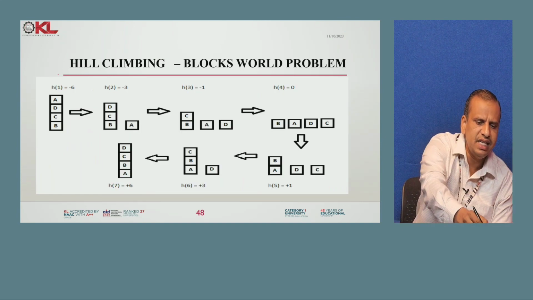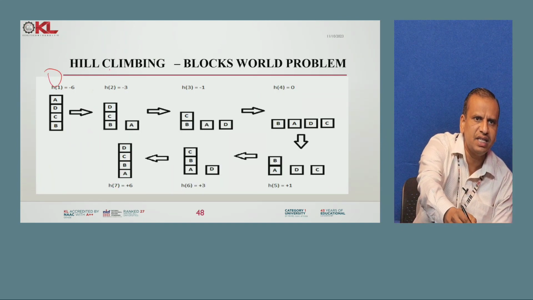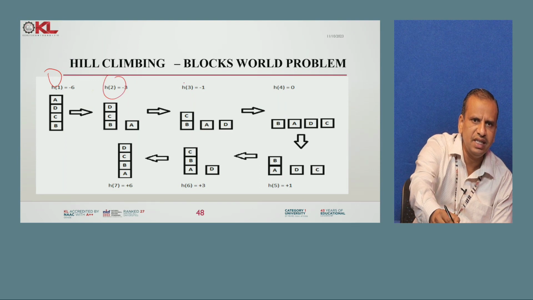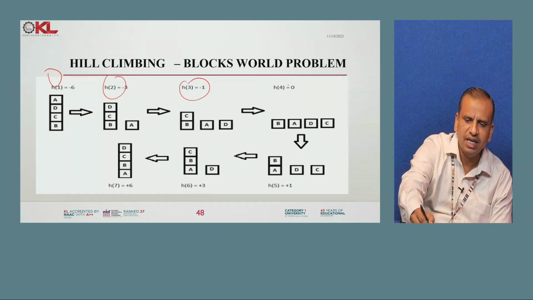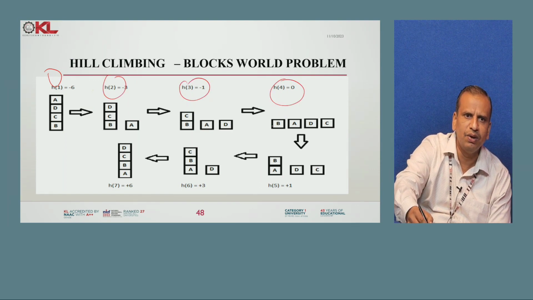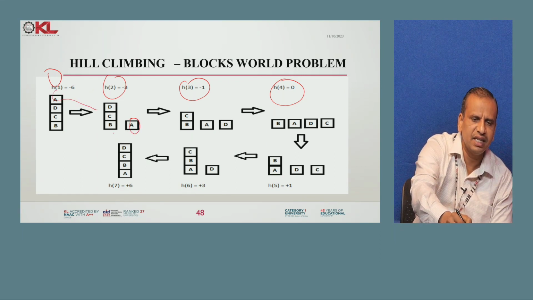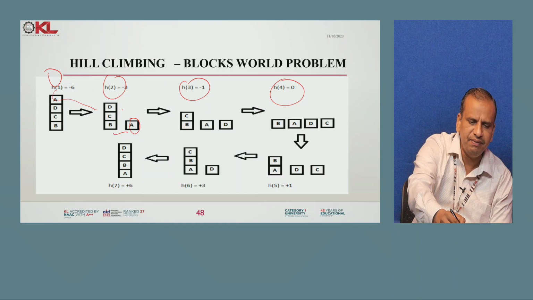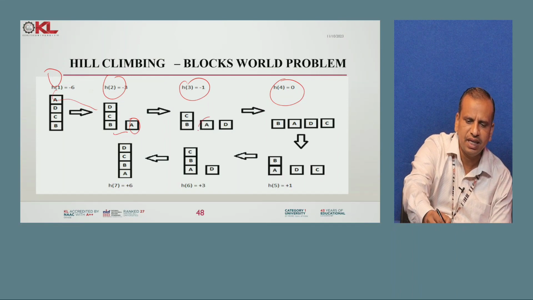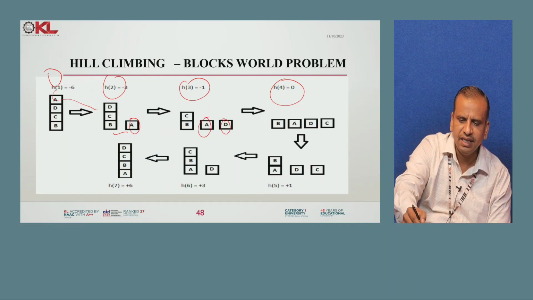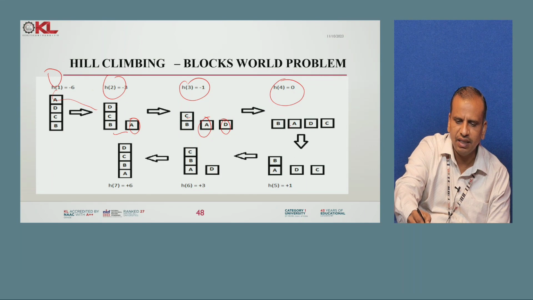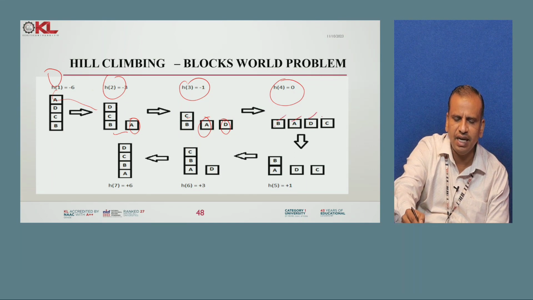See here, initially the H value is 6, H2 value is -3, H3 value is -1, H value is -4, and so on. Here A will come down. Again D will come down. Again C will come down.